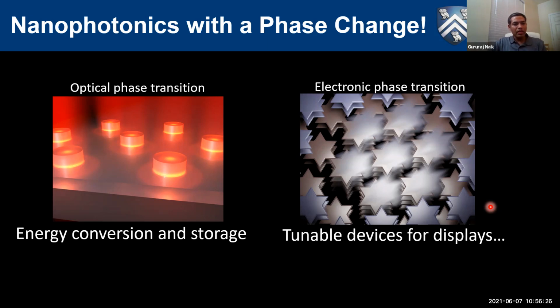For a PV cell, even a slight increase in the band gap means that the dark current from your PV cell would be exponentially smaller, right? And if your dark current is exponentially smaller, then you're going to have a much larger open circuit voltage in your PV cell. So efficiency just goes up.